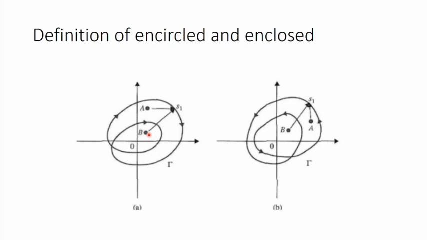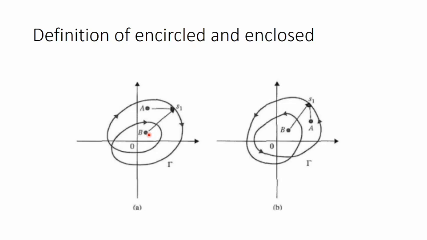The definition of enclosed and encircled is: if a point is lying inside the closed path, it is called enclosed. If we traverse the particular curve in one direction, let us say the clockwise direction, and the point is lying to the right of it, in that case we call that particular point enclosed.